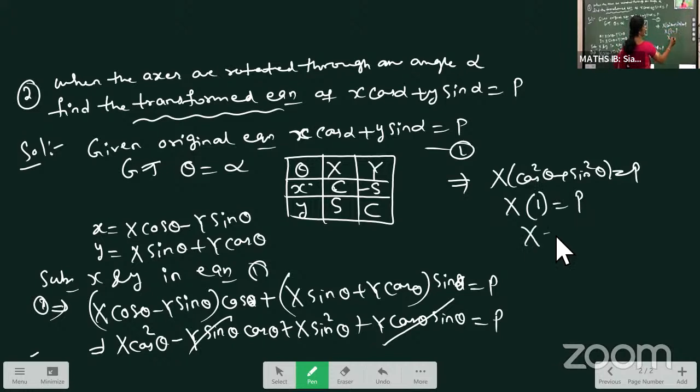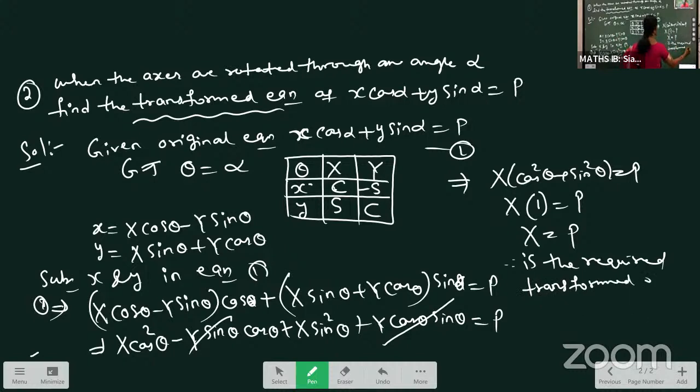So capital X is equal to P. The given equation was in small x, that is the original equation. But after simplifying, we got it in capital X. It means this is the transformed equation. So the conclusion is that this is the required transformed equation. This is also one of the important questions.